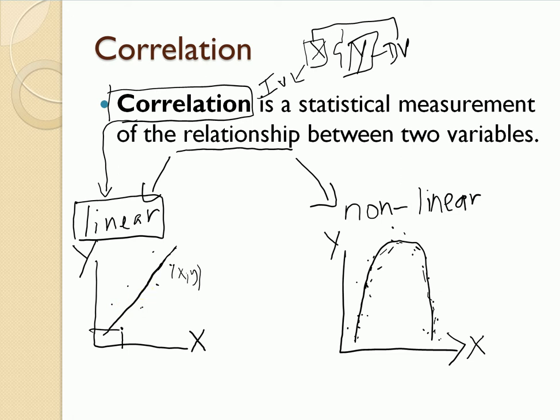If two variables are not correlated, then that does not imply that the two variables are not related. It may be the case that they are related, but it's just that they're not linearly related.